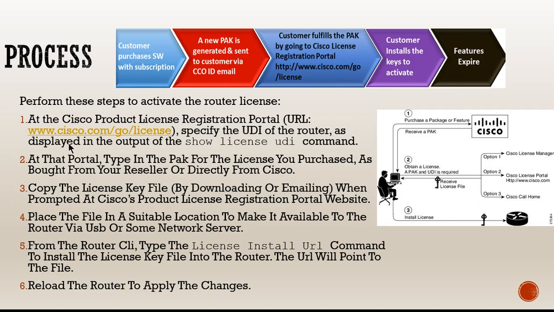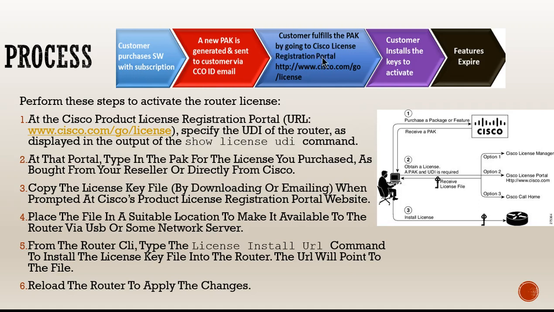The customer purchases the software with a subscription. So at the Cisco licensing portal URL, specify the UDI of the router as displayed in the output of show license udi. We have a PAK that generates a process activation key to the customer via the Cisco ID email.